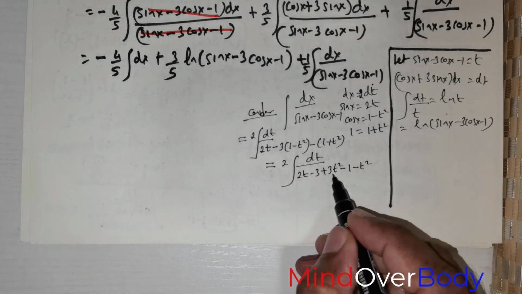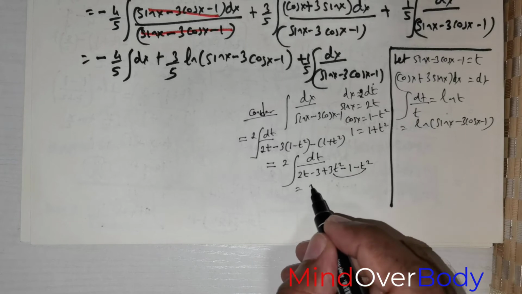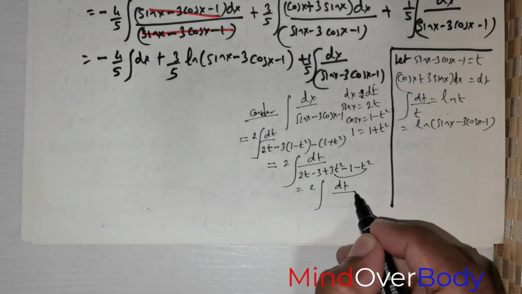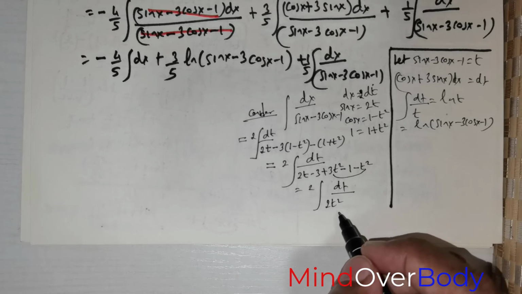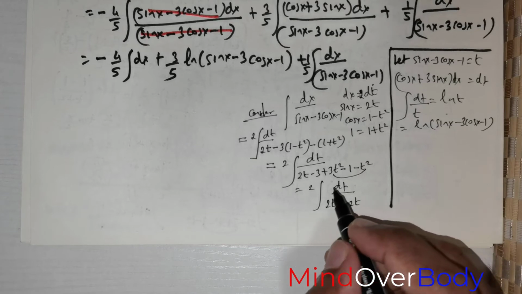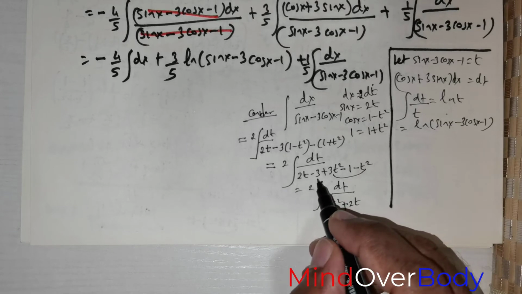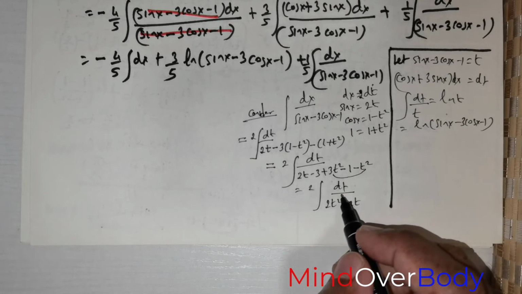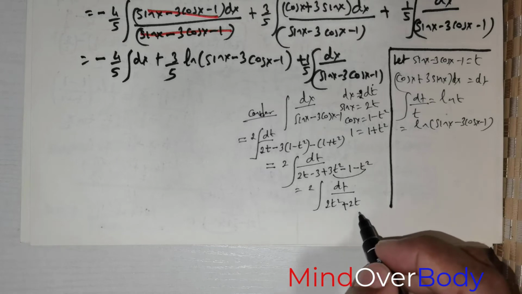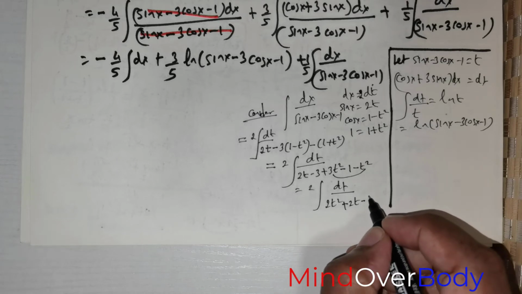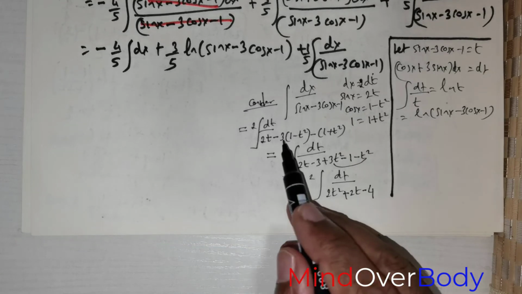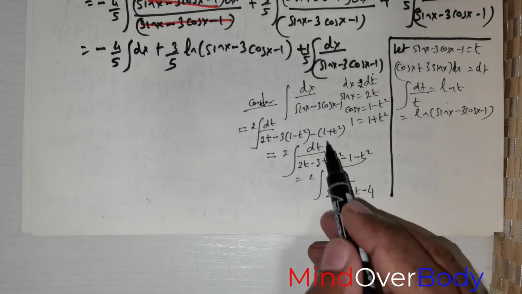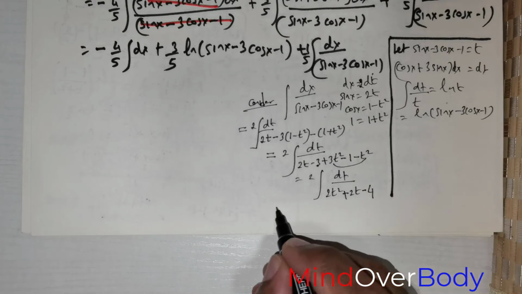So I can add 3t squared with t squared, so that's going to give me 2 times t squared. And is there anything else I can add followed by 2t and negative 3 and negative 1? That would give me a negative 4 there. So because this is producing a negative 3, this is giving me a negative 1, so that's fair enough.